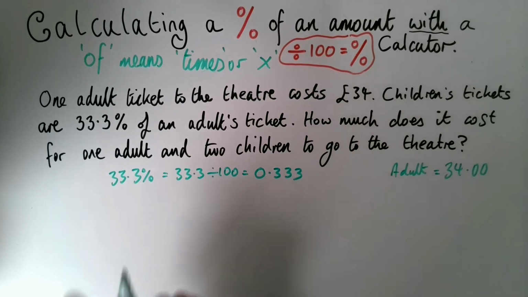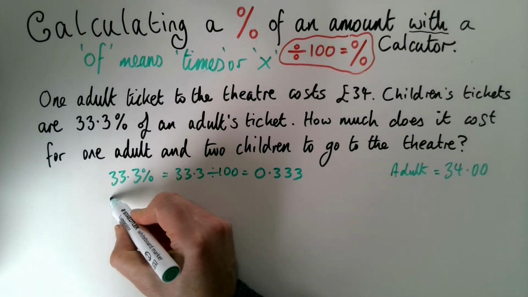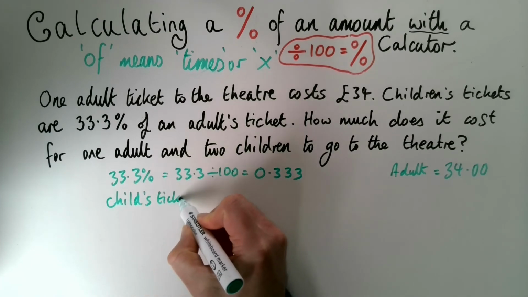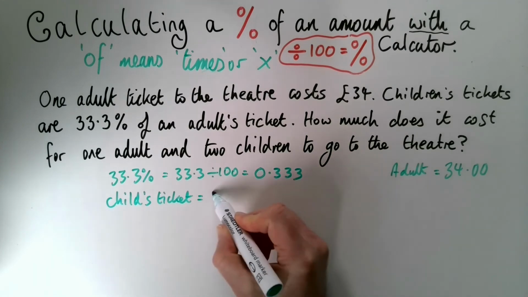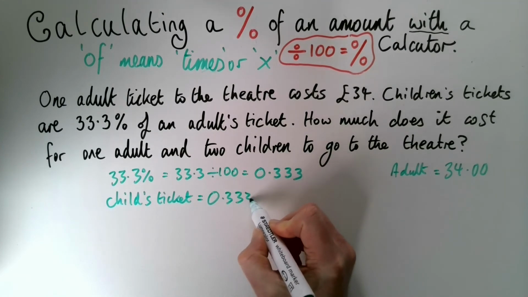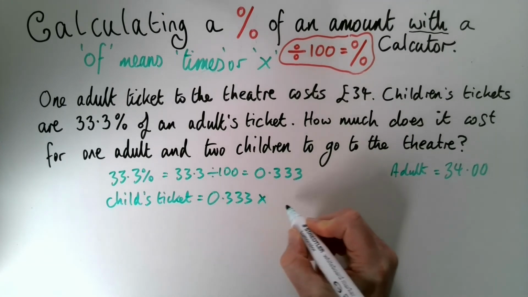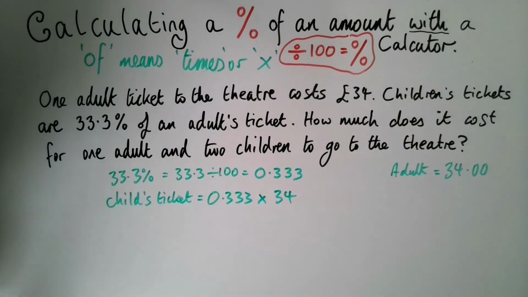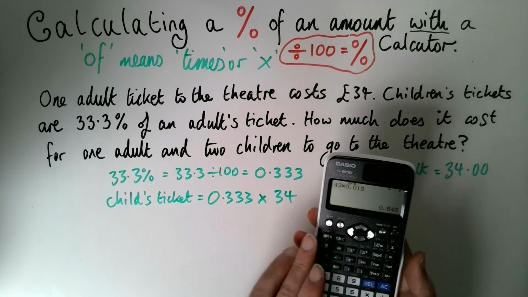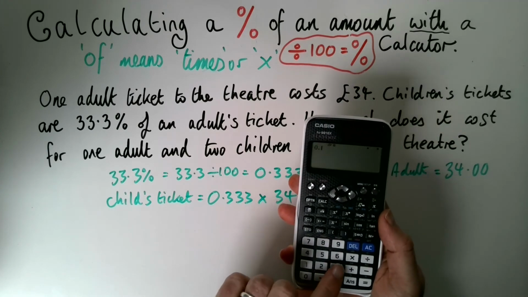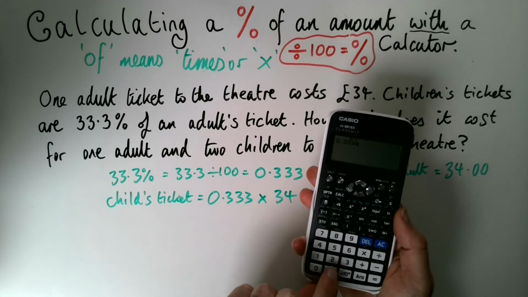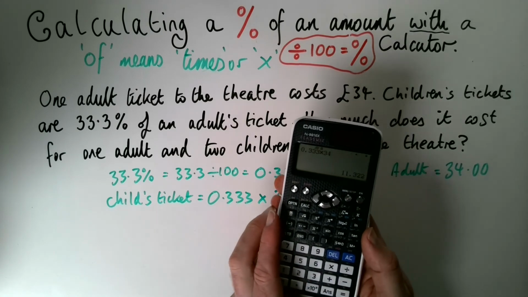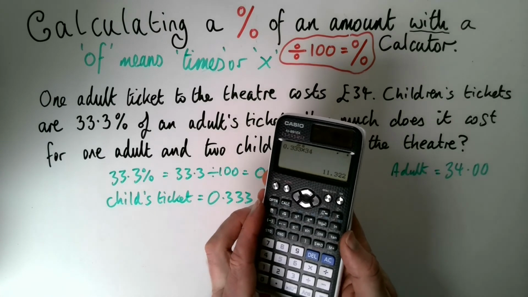It gives you 0.333. So one child's ticket is going to cost 0.333 times an adult ticket, which is 34. So we put that into our calculator, 0.333 times 34, and that gives us 11.322.